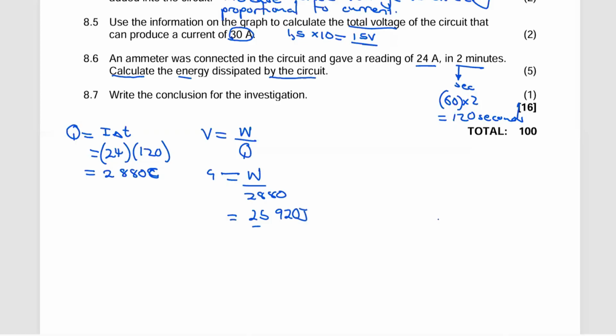And then the last question says write down the conclusion for this investigation. We know as more cells are added in series, the total voltage of the circuit increases. So if we add more cells in series, the total current increases. That's increasing the total current.